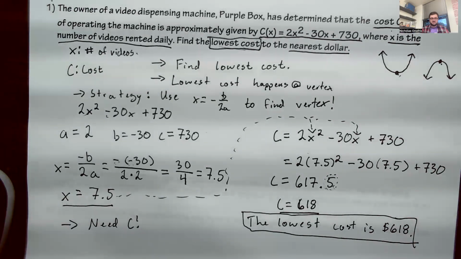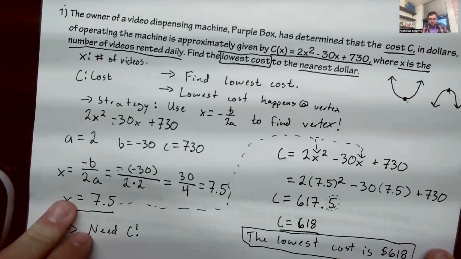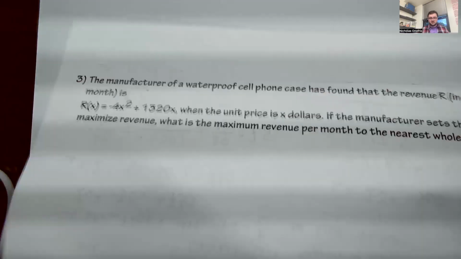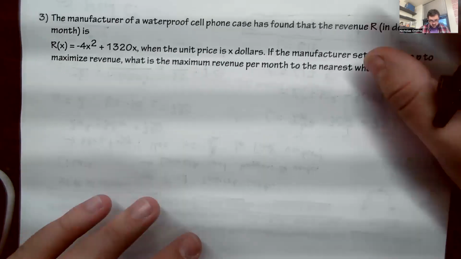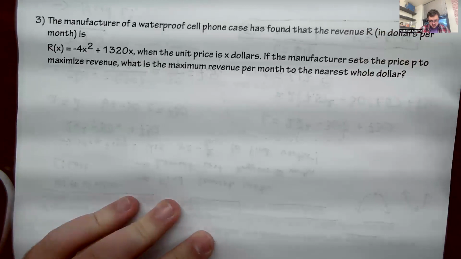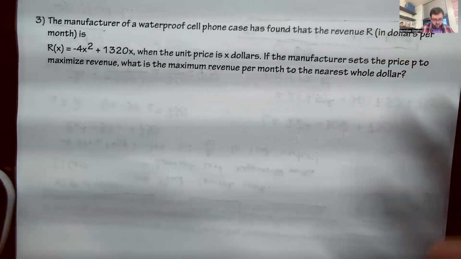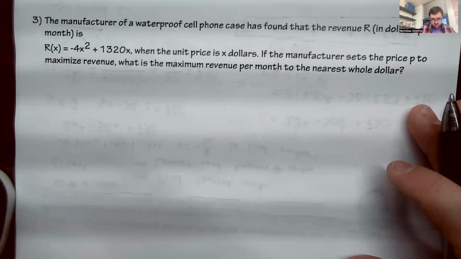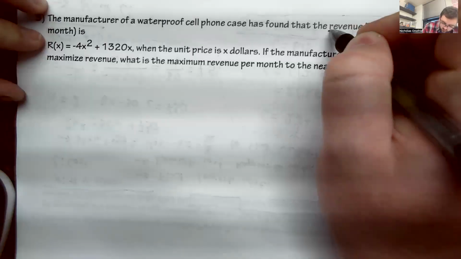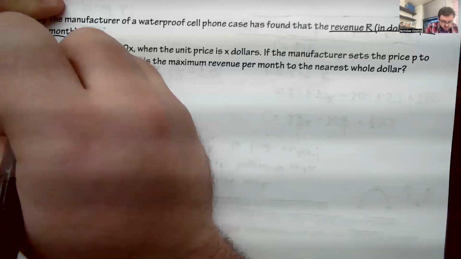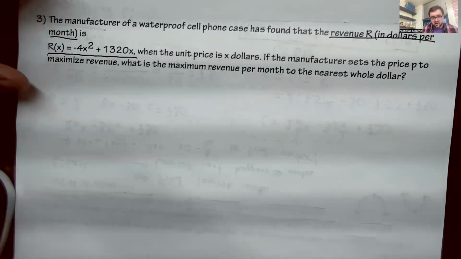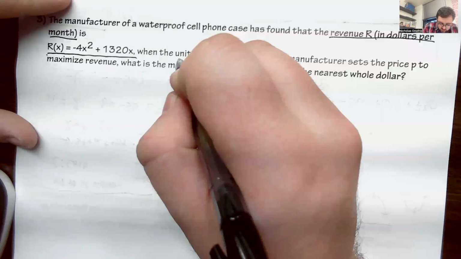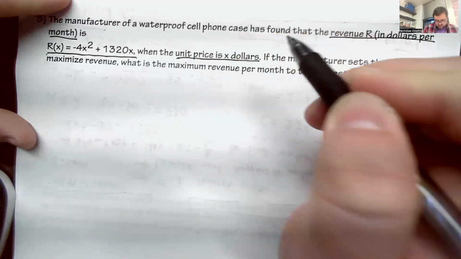Let's move on to our next example. The next example we're going to be working is problem number 3. Here's what we're told for problem number 3. The manufacturer of a waterproof phone case has found that the revenue, R, in dollars per month, is given by the equation R of X equals negative 4X squared plus 1,320X, where the unit price is X dollars.